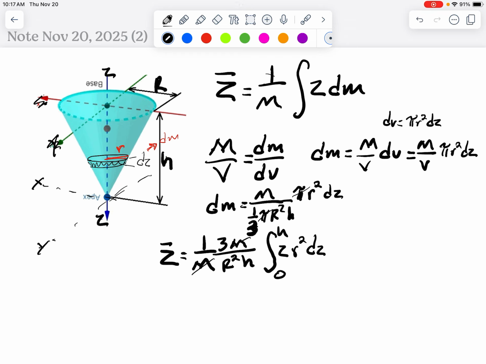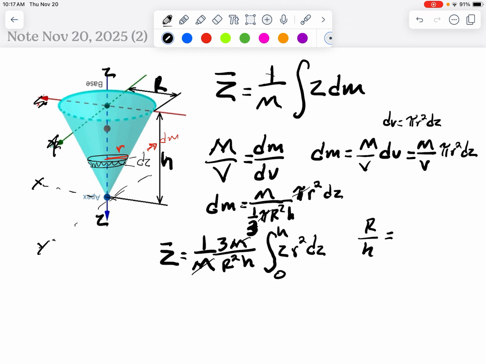Well, this cone has a constant angle, right? So this circle for this height is related to that circle and that height, and related to that circle and that height. They all have a constant ratio of base to height. So we know that R over h is a constant value.